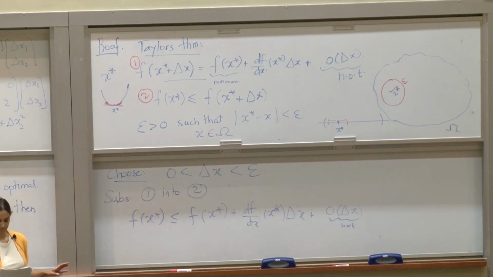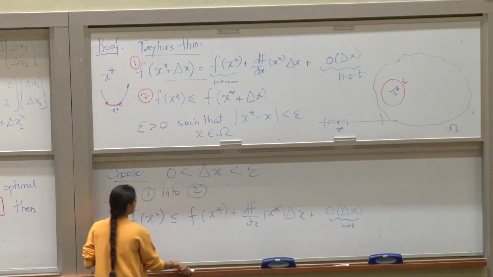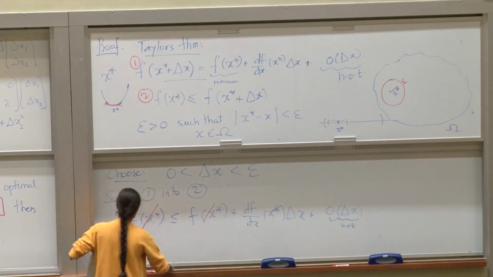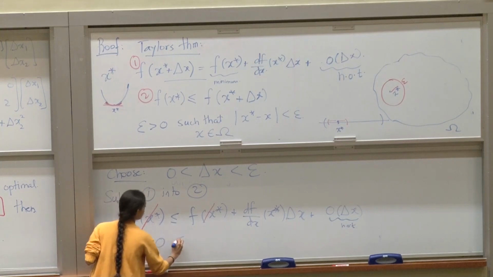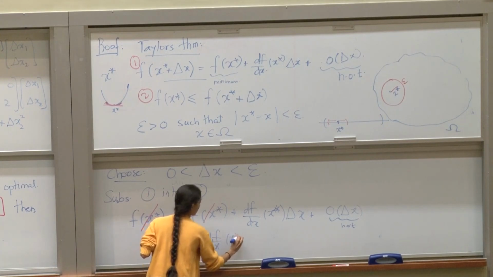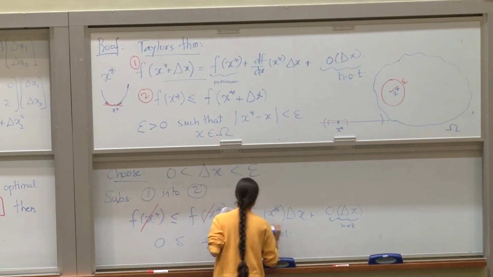Nothing fancy here. These things obviously cancel. So I can write 0 is less than or equal to df by dx at x star times delta x plus my higher order terms.